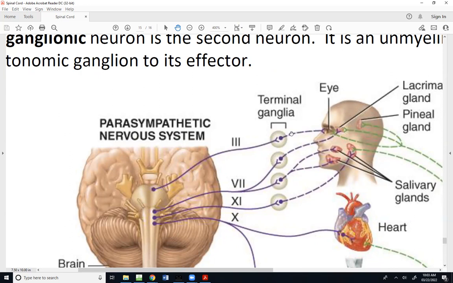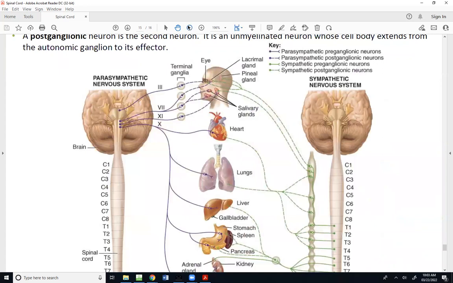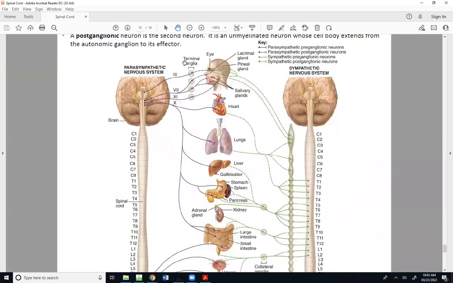The second neuron that carries it from there to the organ that's being innervated is called the postganglionic neuron. Where they meet is what we call an autonomic ganglion. Okay. And like this terminal ganglia here that's labeled, that's just a fancy way to describe where the two neurons synapse, where neurotransmitters are released.